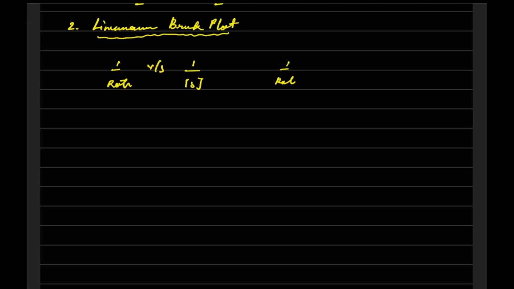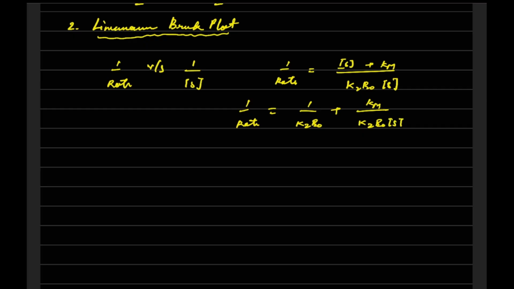So 1 by rate is equal to concentration of S plus Km divided by K2 E naught S. So in this, we see 1 by rate is equal to 1 by K2 E naught plus Km by K2 E naught S. So here y is equal to Mx plus C, where the slope is Km by K2 E naught and C is 1 by K2 E naught.